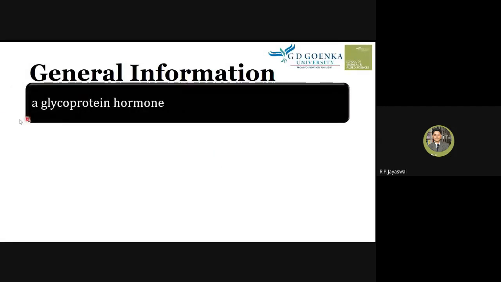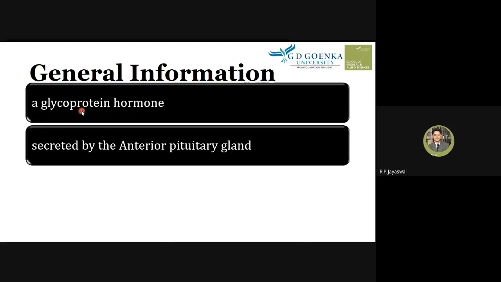TSS is a glycoprotein. A glycoprotein means a type of complex protein where proteins are conjugated or complexed with glucose moieties or carbohydrate moieties. So this hormone is a glycoprotein hormone, and this TSS is secreted by the anterior pituitary gland, basically the anterior part of the pituitary gland.